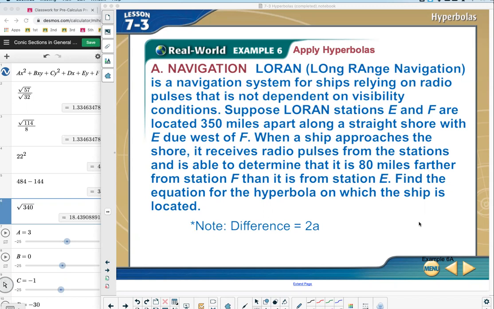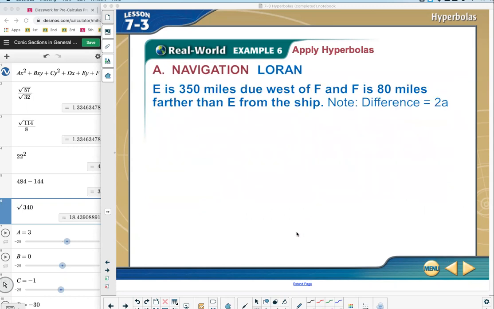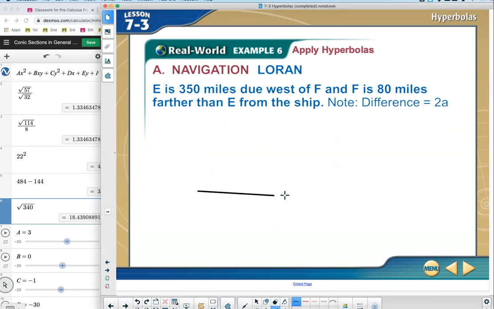All right, so there's a key note on this for hyperbolas. There's a piece of information that it expects you to know, but we need to know here: the difference in distance will be equal to 2a. So first, if we try to draw a diagram here, we have a shore and we're going to have a ship out on it, but I'll just do the shore here. And E and F are 350 miles apart.